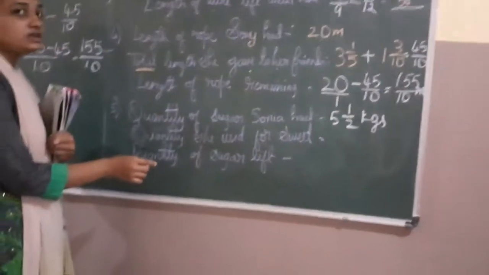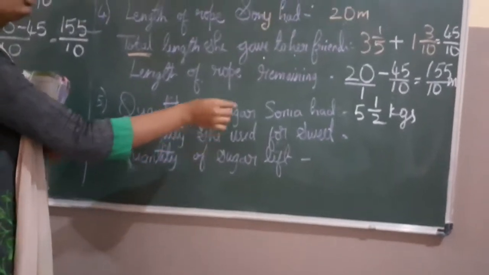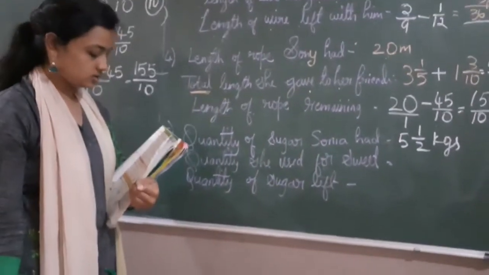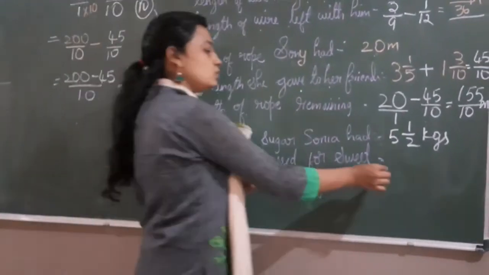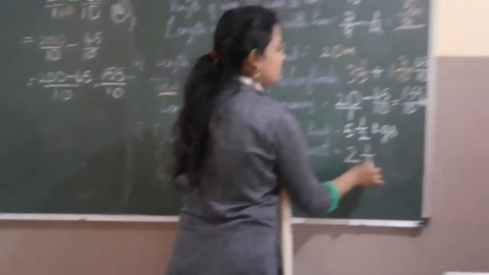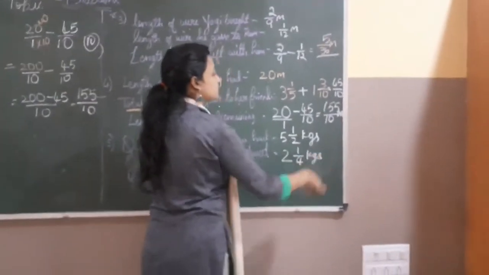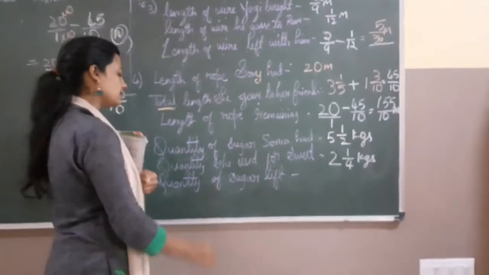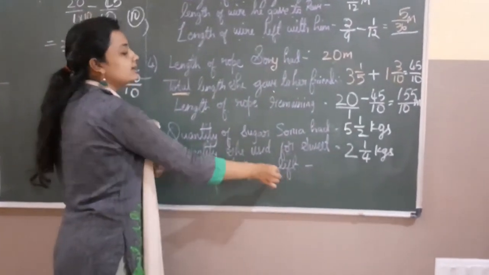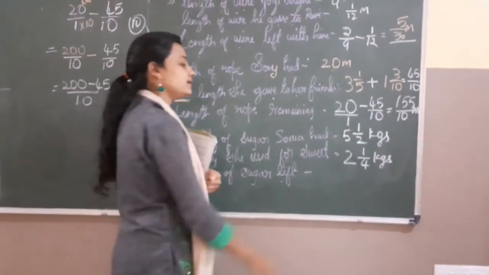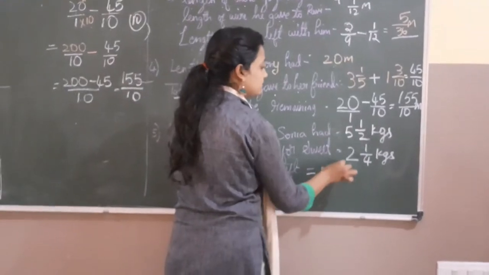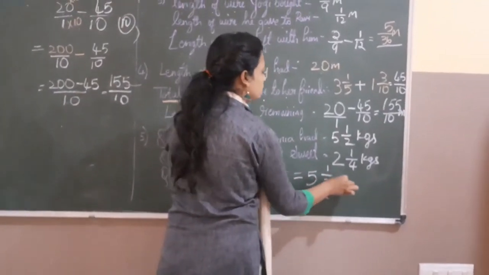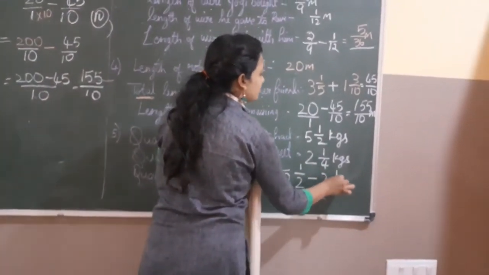How much did she use for making sweets? She used 2 1 by 4 kgs. Now what should I find? Quantity of sugar left. For that I should subtract 5 1 by 2 minus 2 1 by 4.